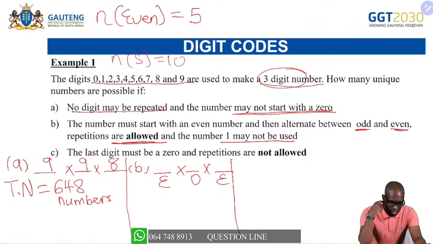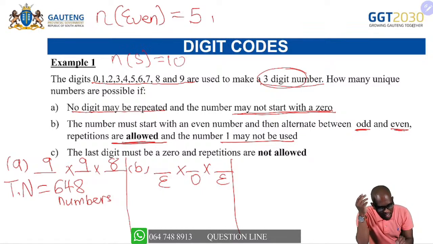Let's check the odd numbers. The odd numbers in this sample size would be 1, but 1 is excluded from the sample size, so we exclude 1. It will be 3, 5, 7, and 9. So the number of odd digits in this case should be 4.